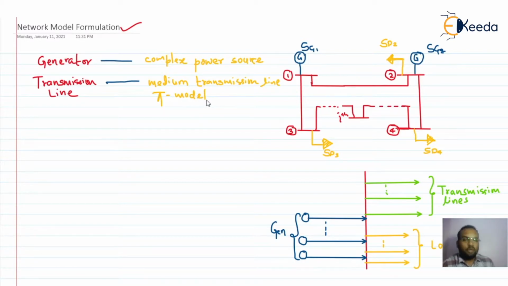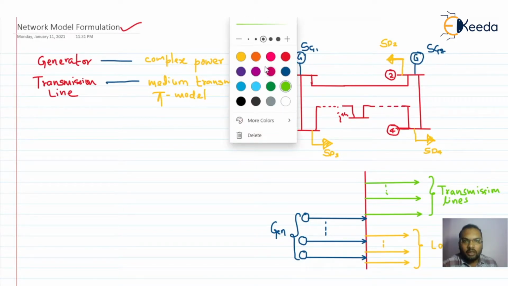Why are we going only for the pi model? Why not go for a T model? Nominal T model is there and nominal pi model is there. I'll explain here why we should not go for the nominal T model, and why we should only go for the pi model.